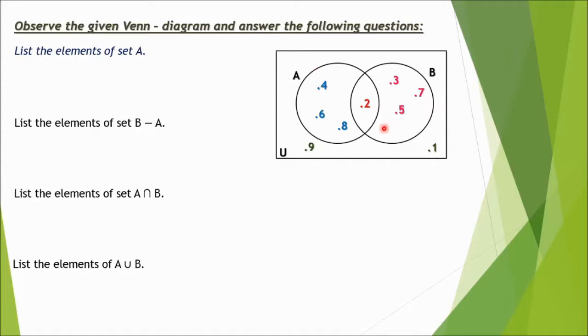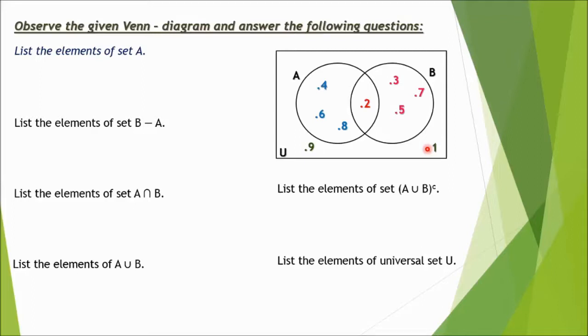Elements of A union B complement: A union B complement means outside of A union B. A union B is set A and B together, and outside it, that means 1 and 9 are the complement of A union B. And the universal set means the entire rectangle, whatever elements are inside the rectangle.